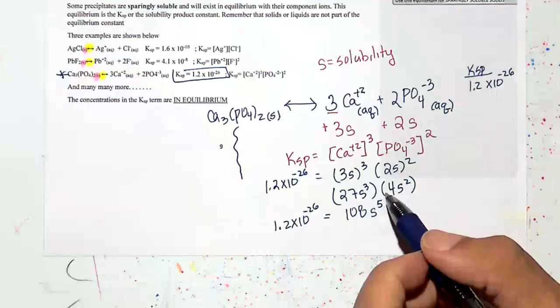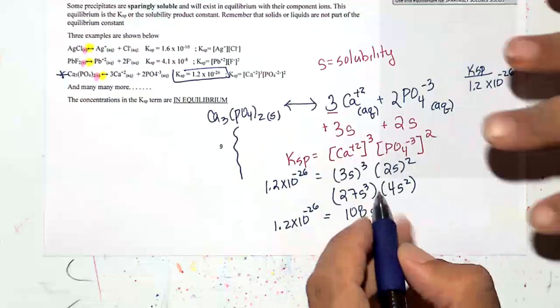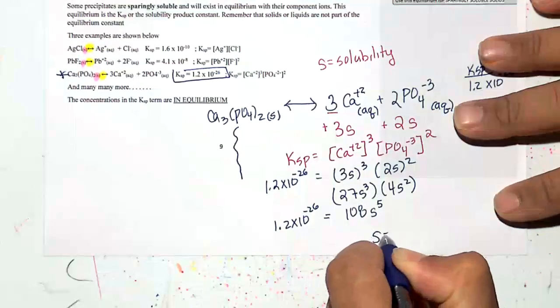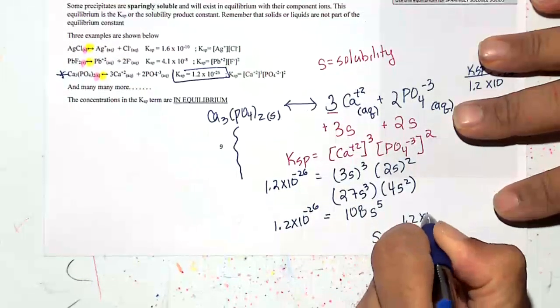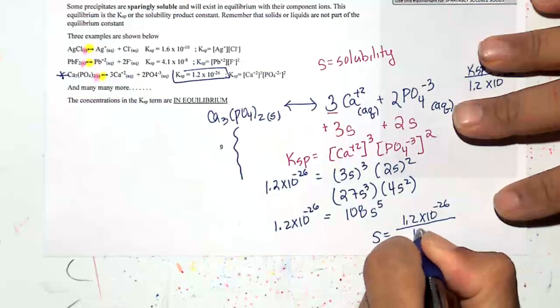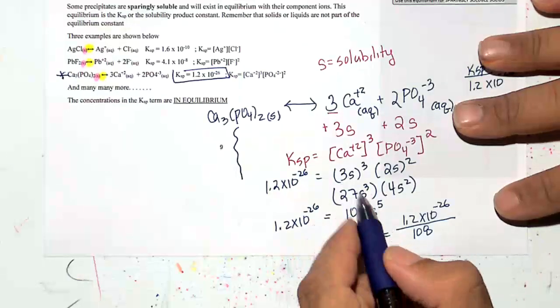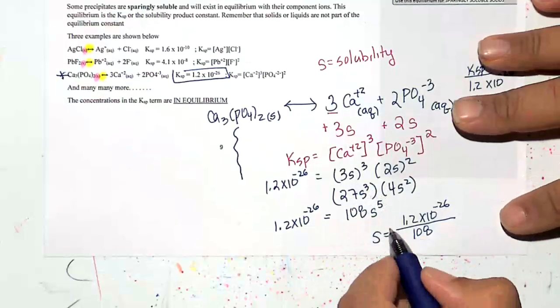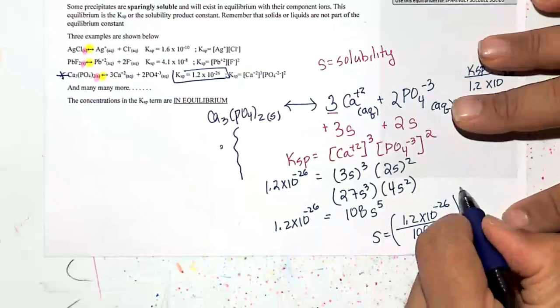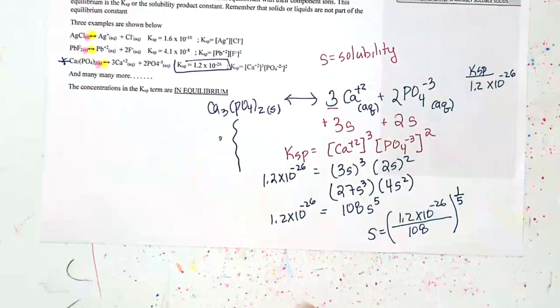So we're figuring out the solubility. How much of this goes back this way? So S here is going to be 1.2 times 10 to the minus 26 divided by 108. We don't square root it, but we fifth root it, to the power of 1/5.